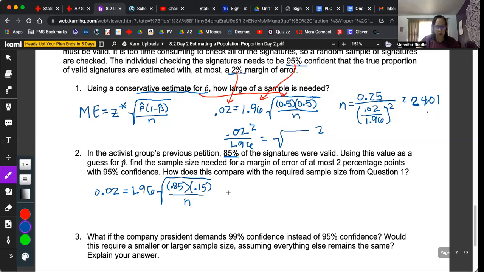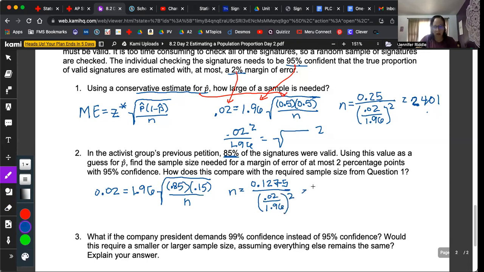So solving for n equals 0.1275 divided by (0.02 divided by 1.96) squared.